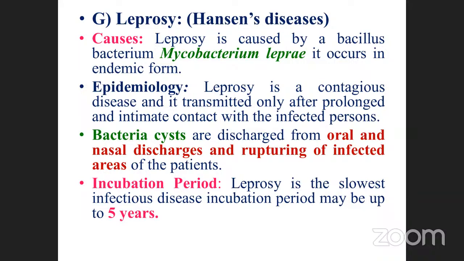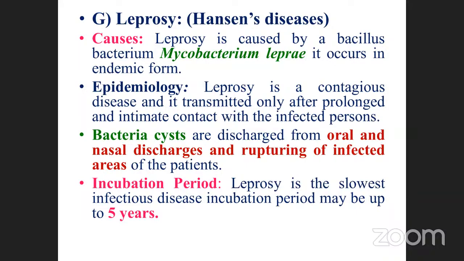For most diseases, it may be 1 day, 1 week, 10 days or 1 month, with 2 weeks maximum. But in this case it is 5 years. That is very, very important.